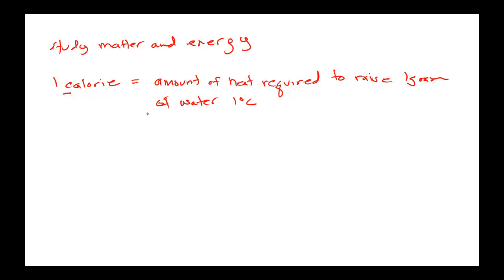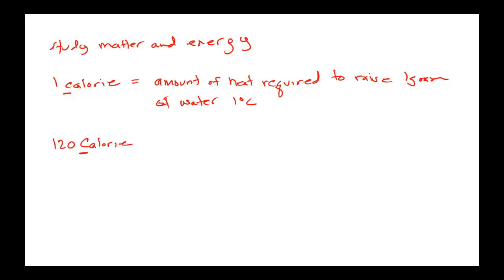All right. Now, I think this sometimes gets confused with the capital C Calorie. Let's say you had a bowl of cereal this morning, and that bowl of cereal was 120 Calories. Now, this is a capital C, not a lowercase c. A capital C Calorie is 1,000 calories.